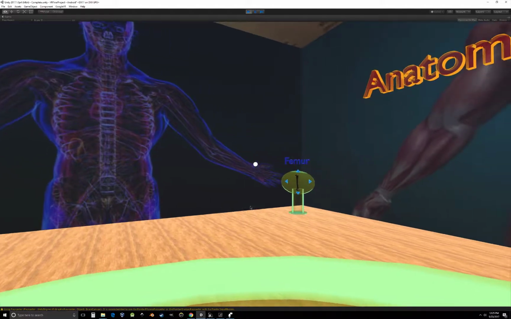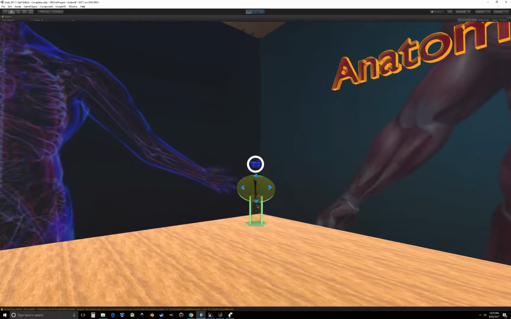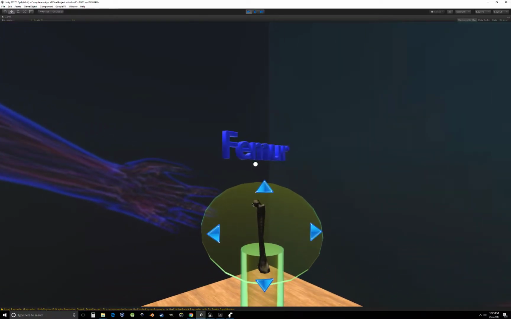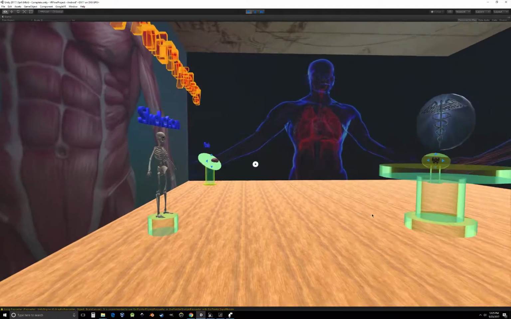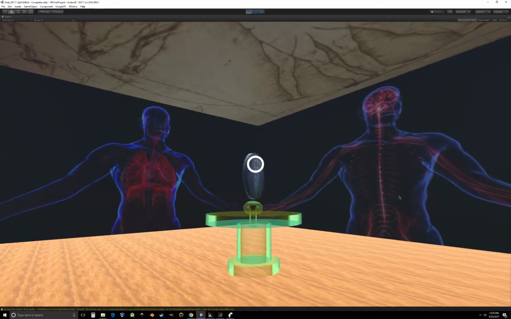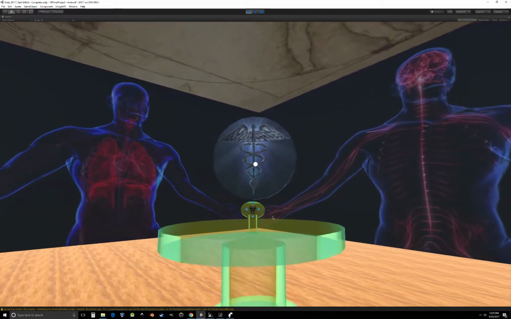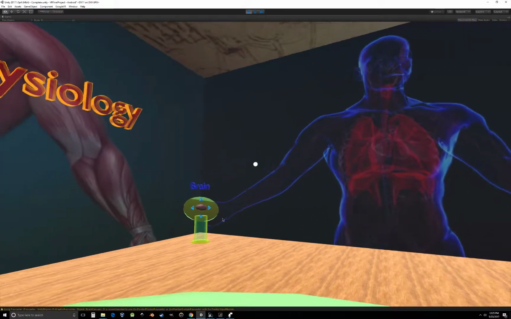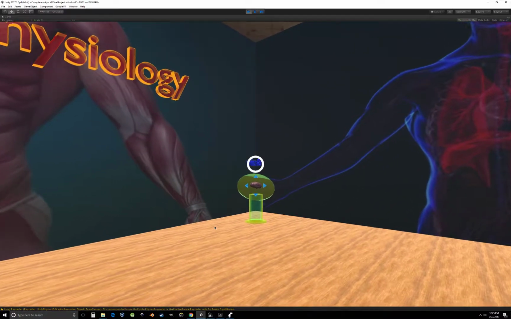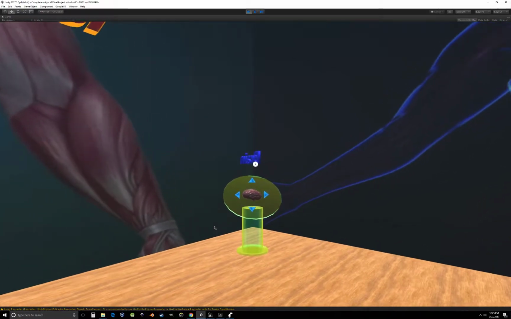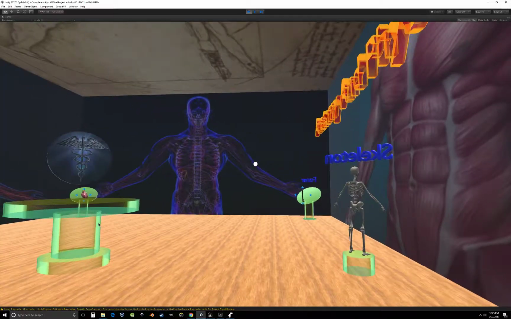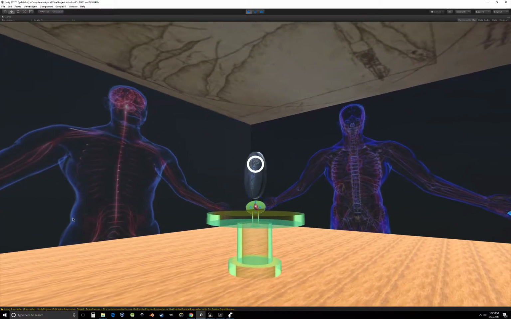Welcome to this virtual anatomy and physiology lab. According to Wikipedia, the femur, or thigh bone, is the most proximal bone. According to Wikipedia, the human brain is a central organ.